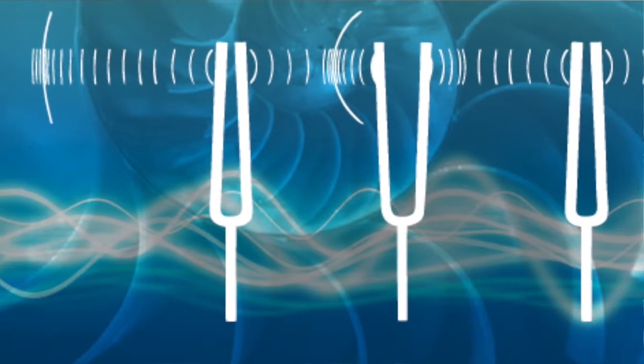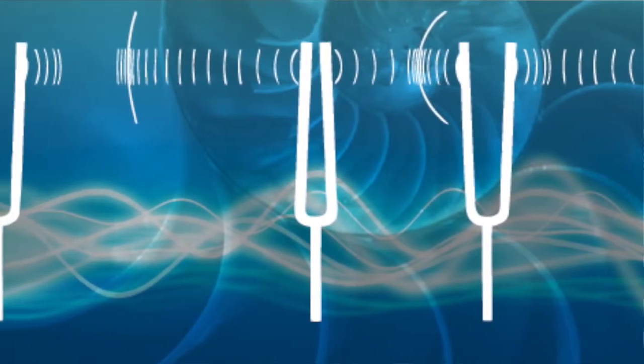Just a few examples of what I'm talking about in terms of energy moving and how vibration works: when you think about a tuning fork, let's say you had 10 tuning forks in a room and you tap one of them, not all of the other 9 are going to vibrate. 8 might vibrate.